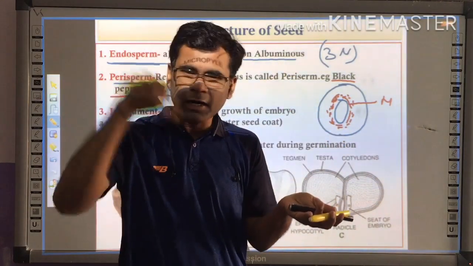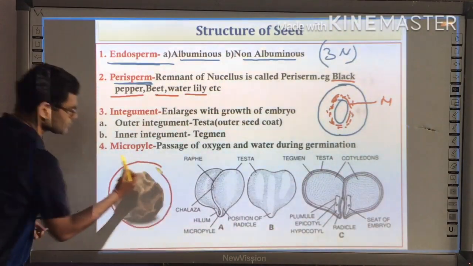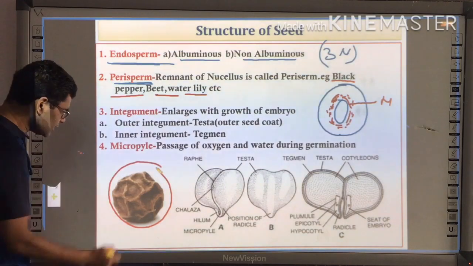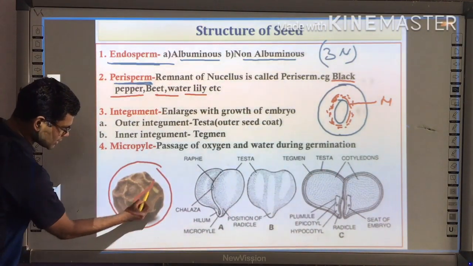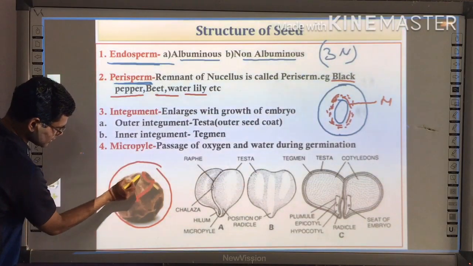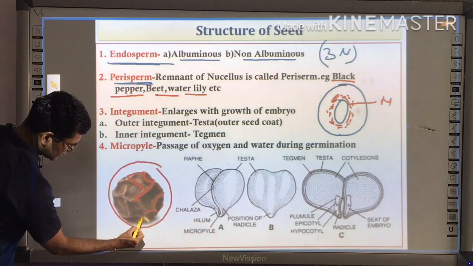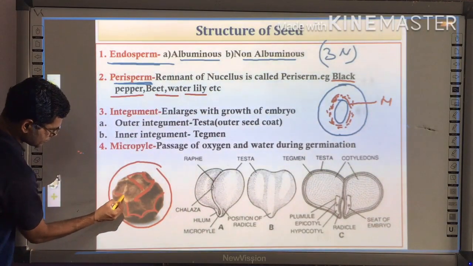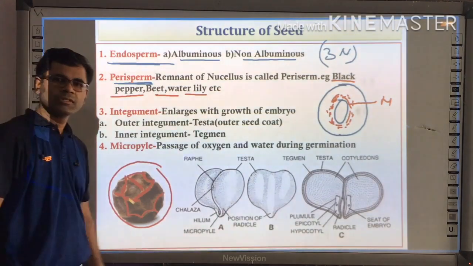It is black in color and externally it is rough. It appears something like this. Here you will find various types of ridges. This is a structure, then again this is a structure, and like that.